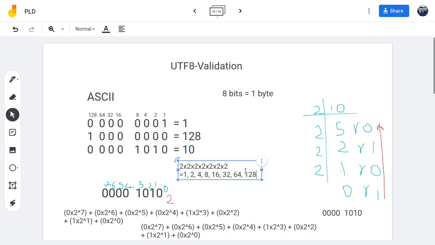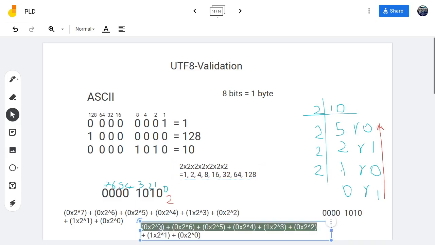128. So it means in this place now you're going to have 0 times 128. And here we're going to have 0 times 64. Here is going to be 0 times 32. Here is going to be 0 times 16.